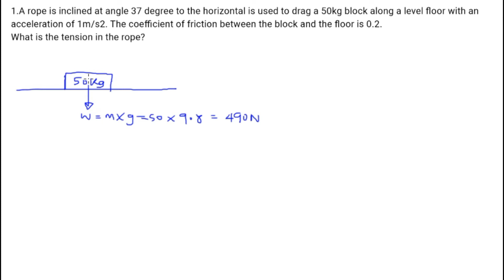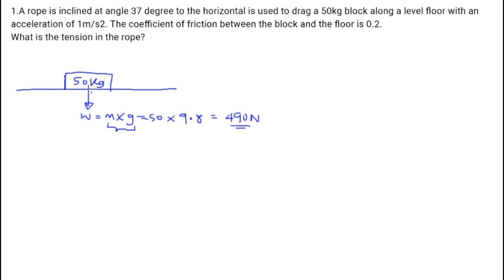As you place this object on the horizontal surface, it exerts its weight on the surface, and the weight is equal to the product of mass and acceleration due to gravity, which we have gotten as 490 newtons. But according to Newton's third law, there must be an equal but opposite reaction to this force.